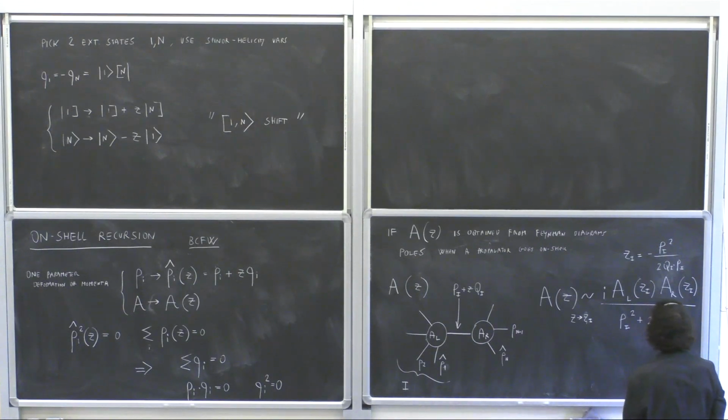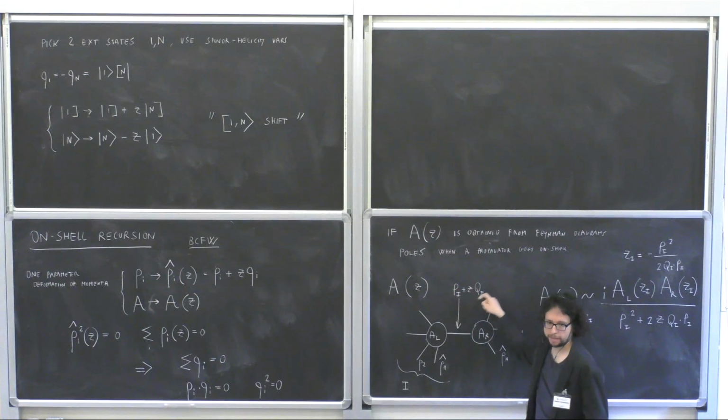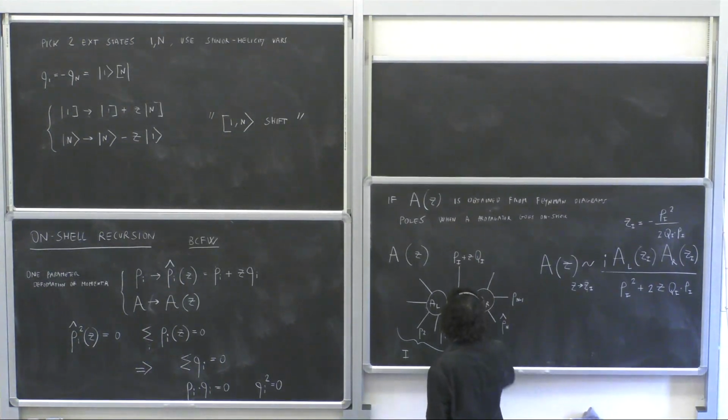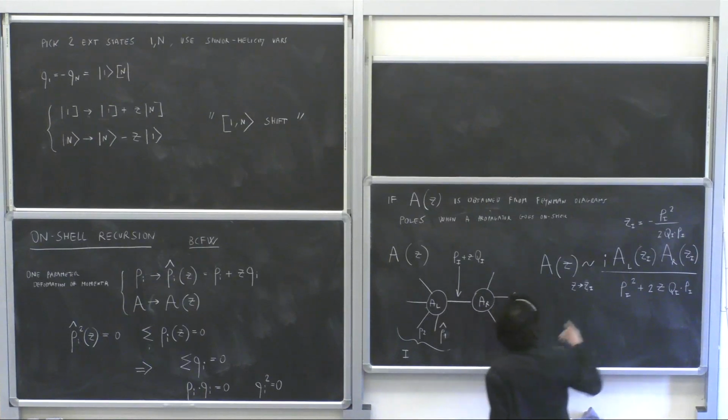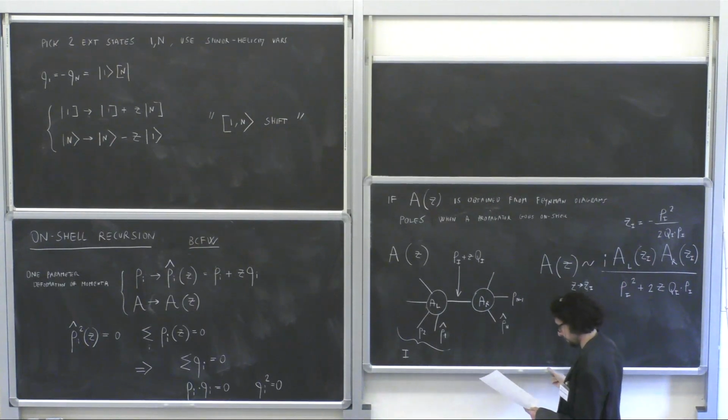Okay, very good. So at this pole, when I'm evaluating the residue of this pole, I'm going to have that the amplitudes here, number one, go on shell, so this intermediate channel goes on shell, and number two, they are evaluated at that one particular value of Zi.